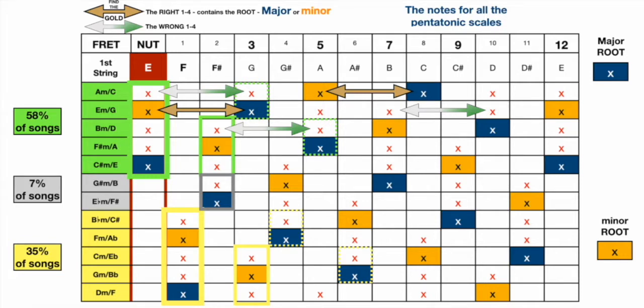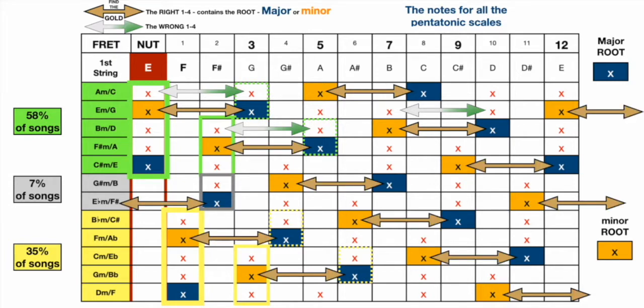For instance, with the B minor D, you can see that 1/4 stretch there is the wrong one, and the right one is up another 5 frets, or 1 space, or simply moving your 1/4 up 1 space. Again, you can see there's a lot of symmetry here, and our whole goal is to find that place between the major root and the minor root. That's the gold zone, and that tells you the key of the song that you're in.